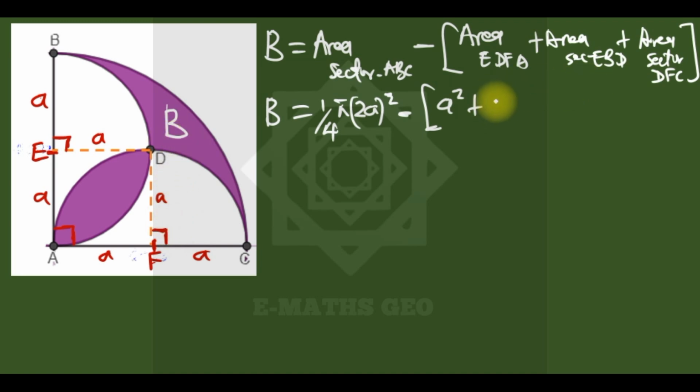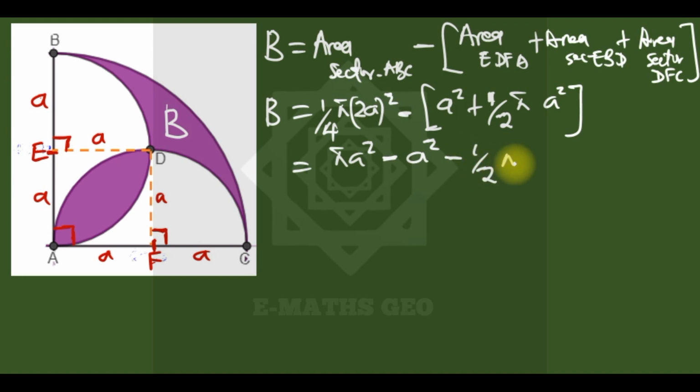So let's not waste time. It's now half pi a squared. Do you get this? 1 over 4 plus 1 over 4 is 1 over 2. So as you can see, this is 4, we have pi a squared minus a squared minus half pi a squared.